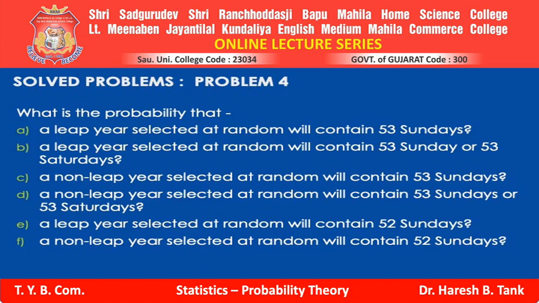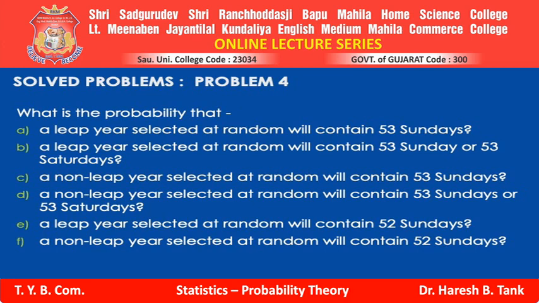What is the probability that a leap year selected at random will contain 53 Sundays? Another one: a leap year selected at random will contain 53 Sundays or 53 Saturdays. Look, here the connector is OR. The third one: a non-leap year selected at random will contain 53 Sundays.